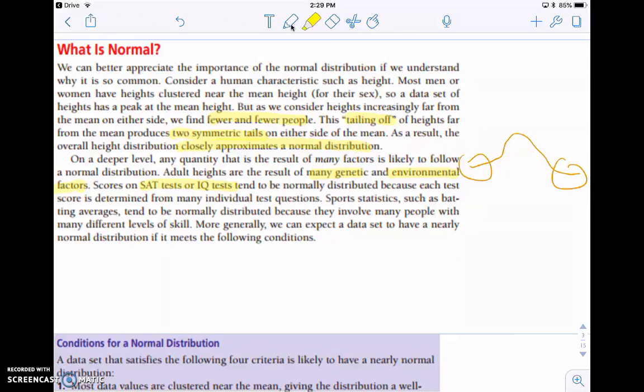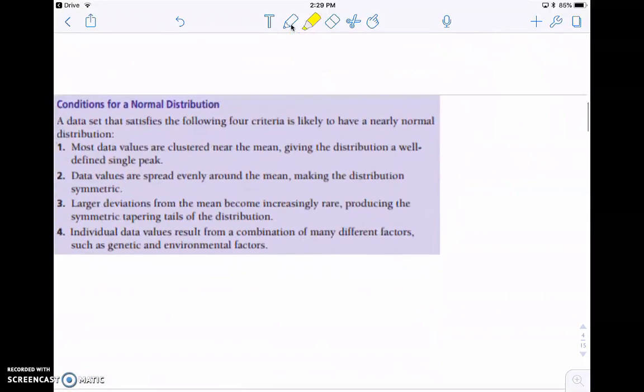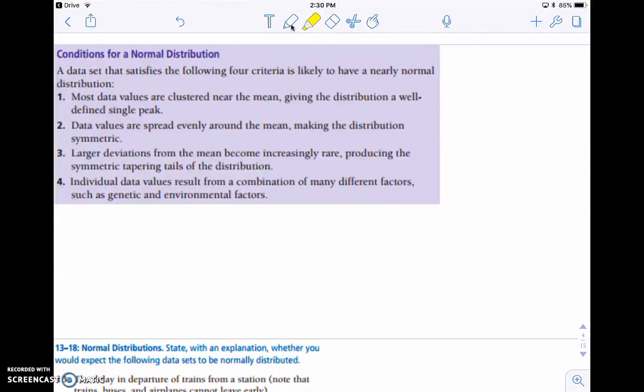We would expect a data set to have a nearly normal distribution if it meets the following criteria. One, most data values are clustered near the mean, giving the distribution a well-defined peak. So the majority of the data is around the mean. Two, the data values are spread evenly around the mean, making it symmetric.